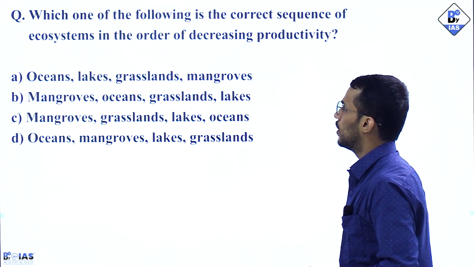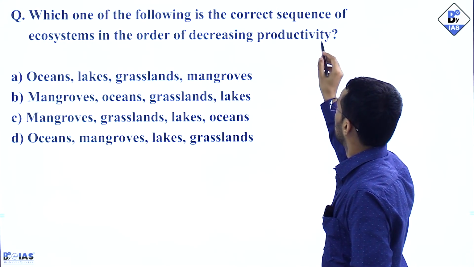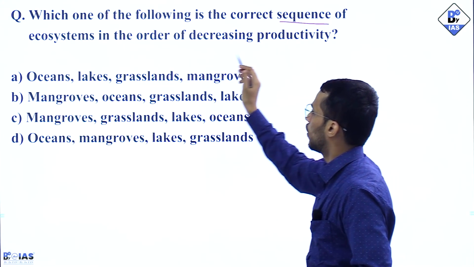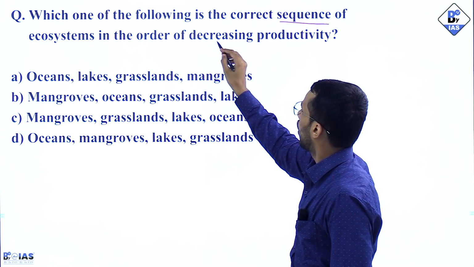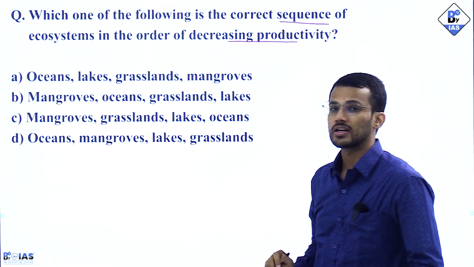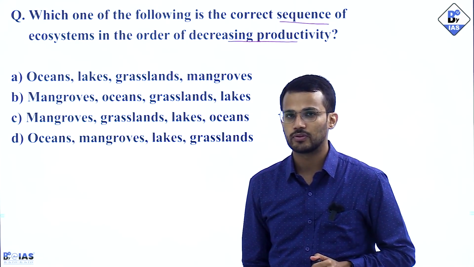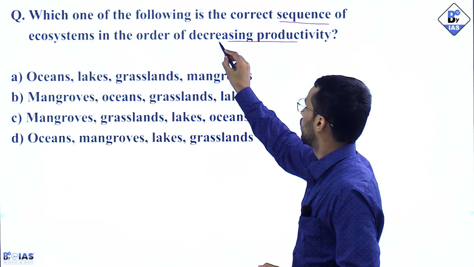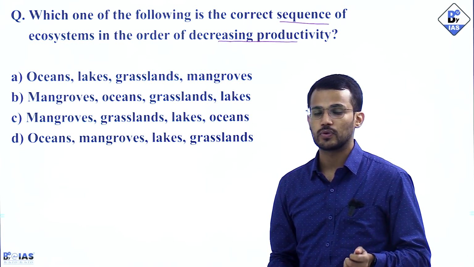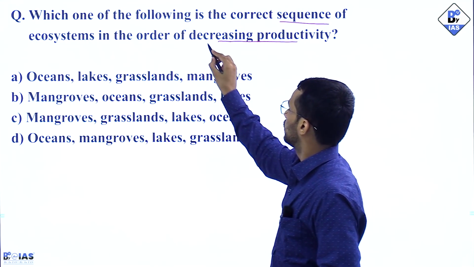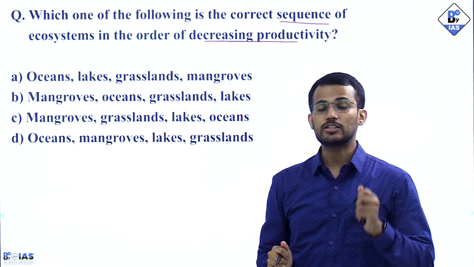Next question is, which one of the following is the correct sequence of ecosystems in order of decreasing productivity? So there are 4 ecosystems that they have given, and we are supposed to find out the correct sequence of these ecosystems with respect to decreasing productivity. So what is productivity?